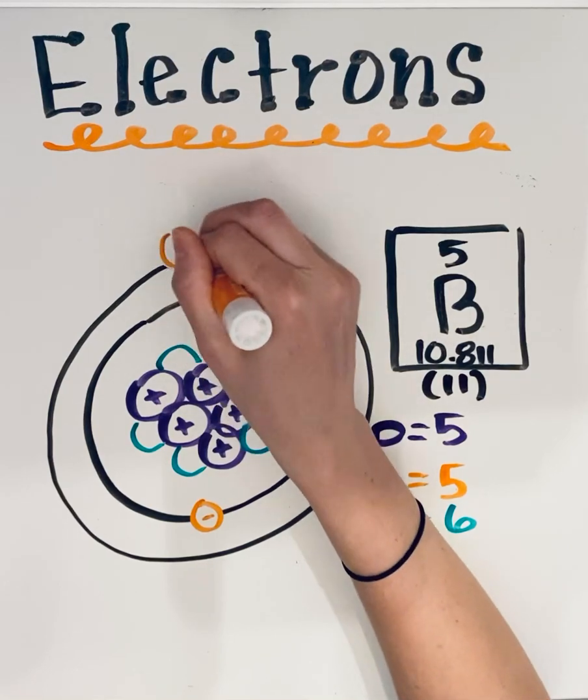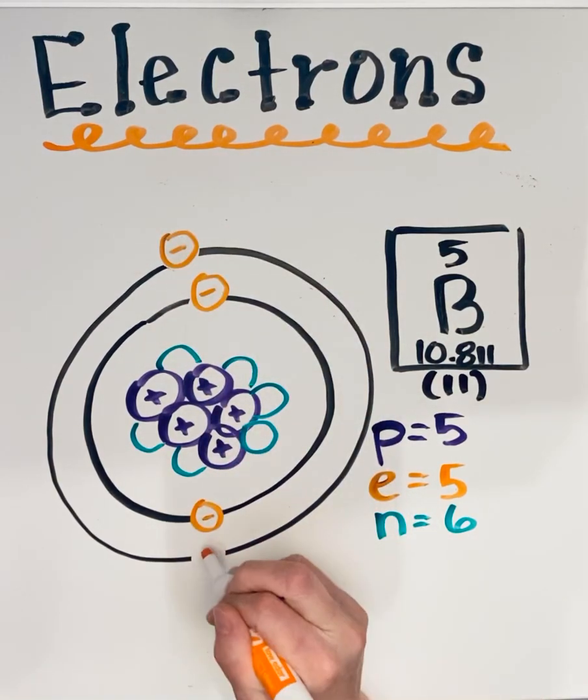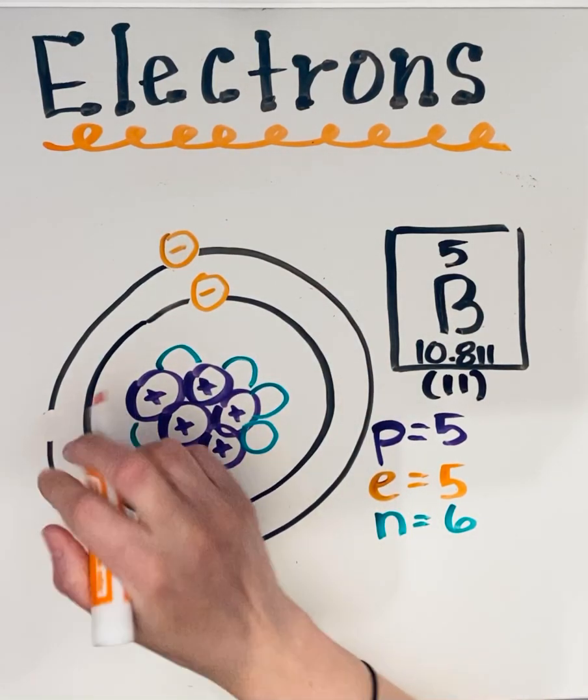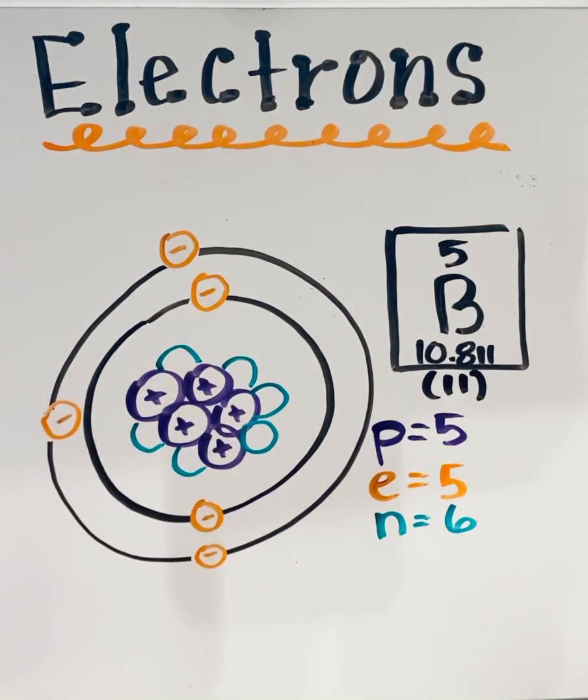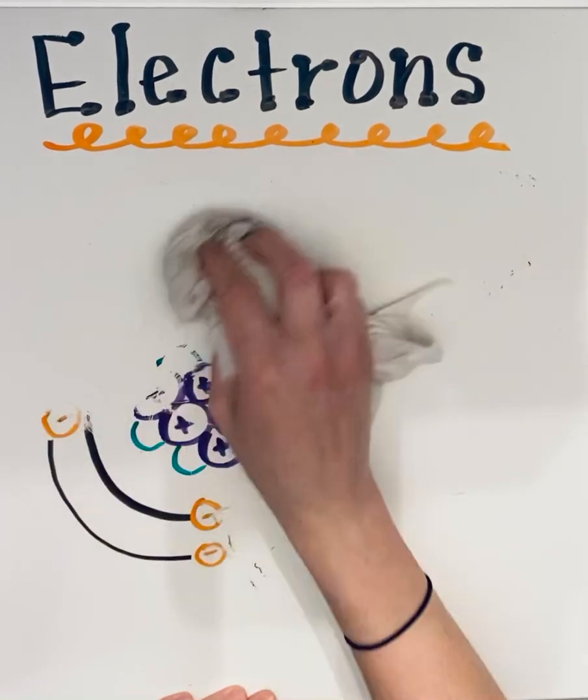So I'm going to draw 1, 2, 3. So just to double check my math, I have my 5 protons, my 6 neutrons, and my 5 electrons. So I've completed my Bohr's model of boron. I'm going to go ahead and erase this and do one more example with you. At least one more.